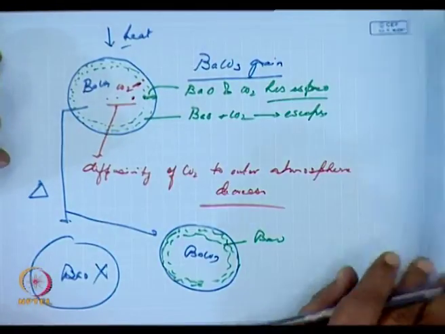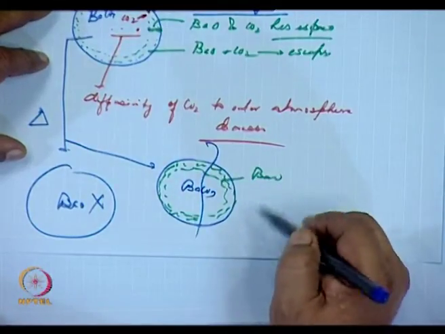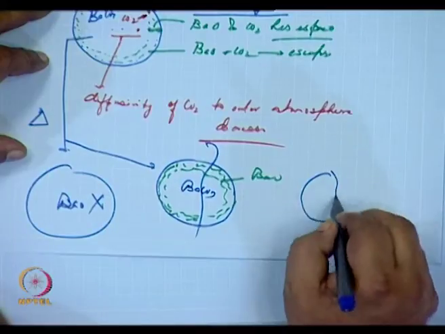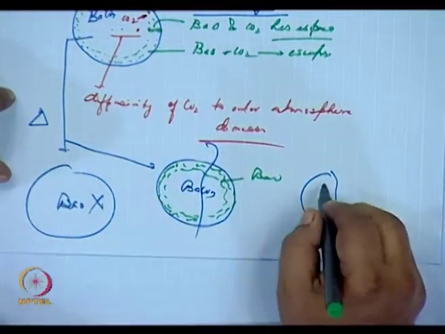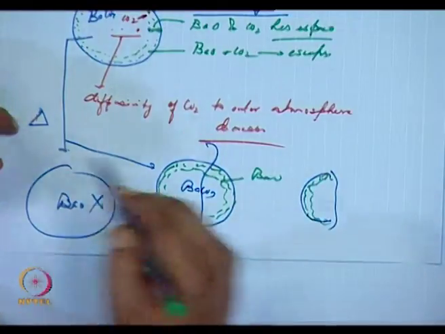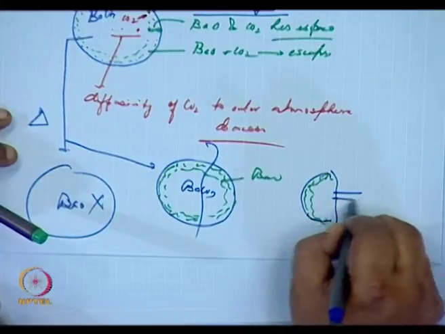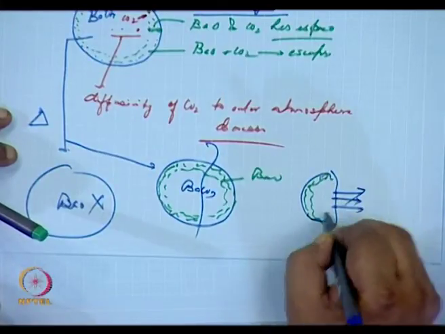The only way to expose this inner layer is to crush it, so that I have the grain now breaking up. This is the BaO layer, while the rest is BaCO3. The carbon dioxide can escape again from here.